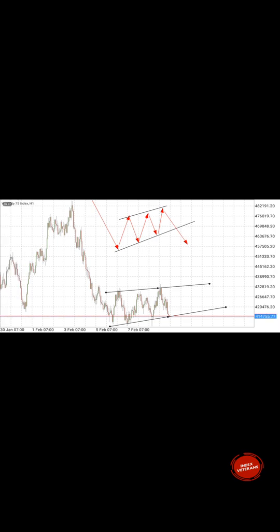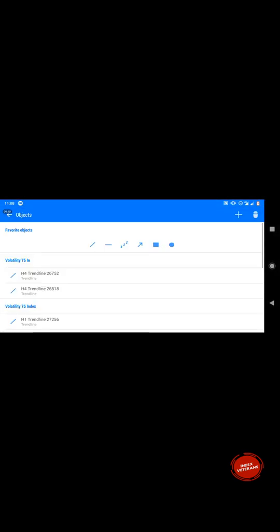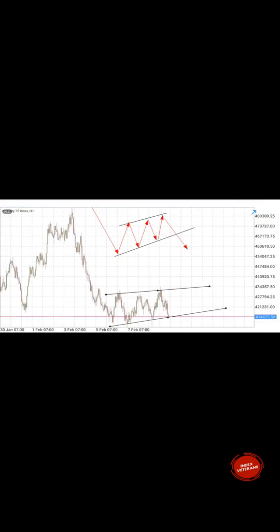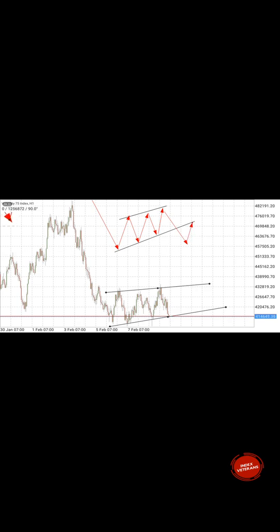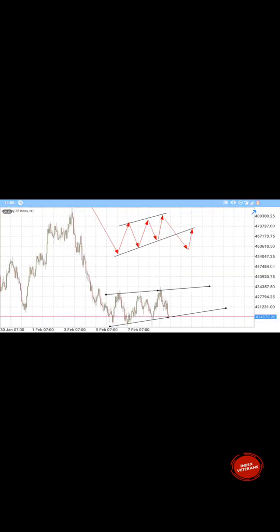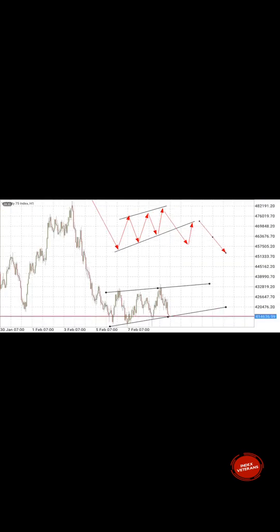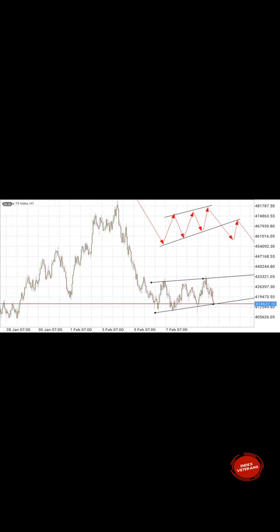A break below usually marks continuation, though there can be a break above, but the market changes every day. So here it will go down. Wait for a retest as usual, wait for a retest before entry, then it will go down. This is kind of what will happen today.